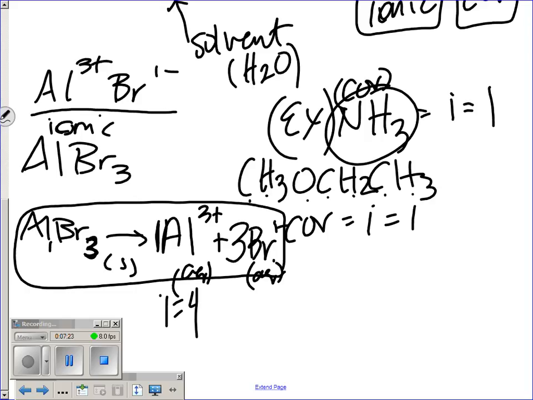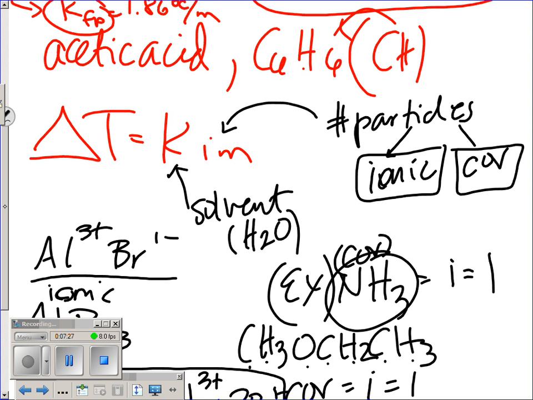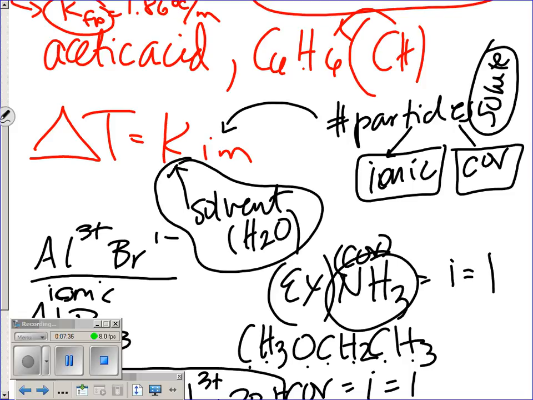Okay. Great. So what i is does depend on the solute. Knowing that the K value depends on the solvent, the i factor depends on the solute. What is the m value reference? Kind of both, but how is it representing both, Jillian? It's the molality.